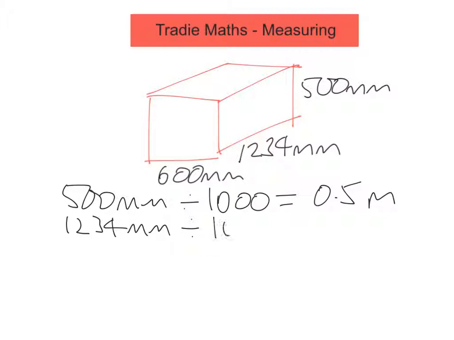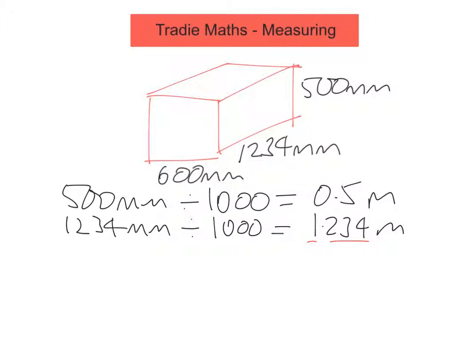Let's divide that by 1,000 and you get 1.234 meters. Now you can see that the 1 means it's 1 meter and the 0.234 is the extra bit over a meter. So 1.234 is 1 and a bit meters.